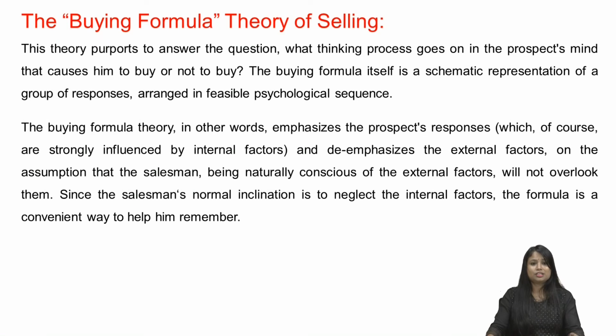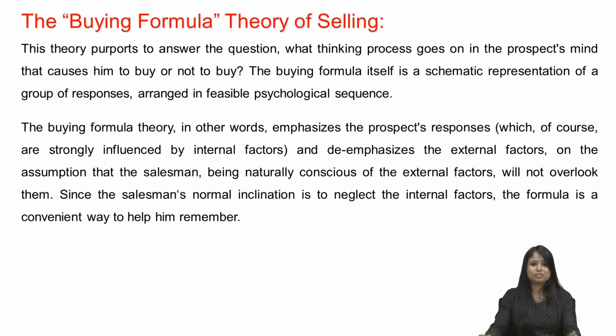Now this theory aims to answer the question: what thinking process goes on in the prospect's mind that causes him to buy or not to buy? The buying formula is itself a representation of a group of responses arranged in a feasible psychological sequence.